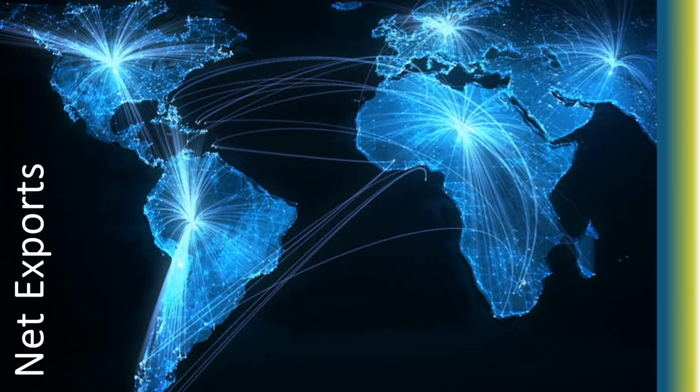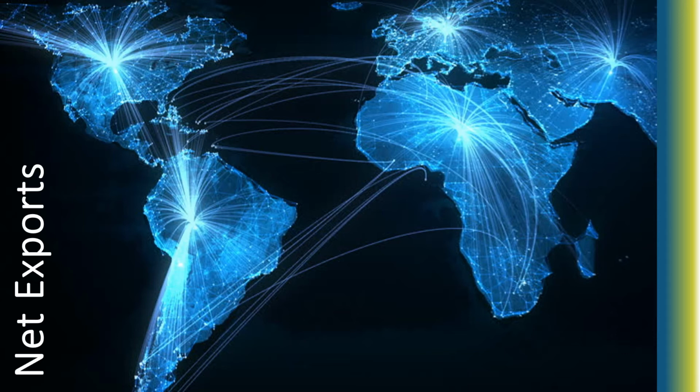The fourth category is net exports. And so we want to be careful here. Net exports are equal to exports, so anything we domestically produce, but we sell abroad. So anything that we produce here in our country, but sell somewhere else, that's an export, minus our imports.